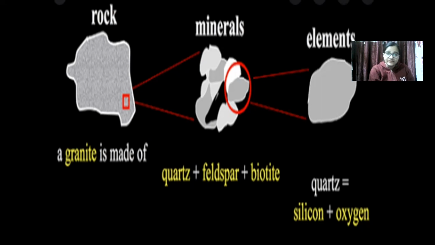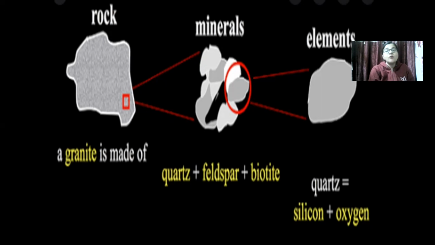Now, the elements together form the minerals. That means there is a class 11 student, class 12 student, class 10 student, class 9 student. And then the minerals together form the rock. For example, the class 11 students, class 12 students, 9, 10, 8, 7, 6, 5, 4, 3, 2, 1 students, they form the basis of St. Michael's School of a certain place. I'm just randomly taking up the example.